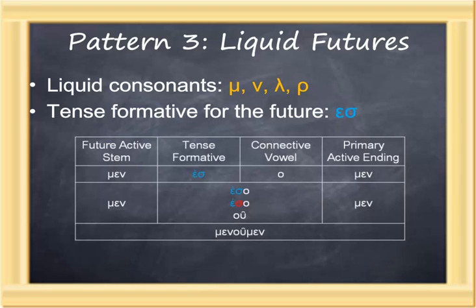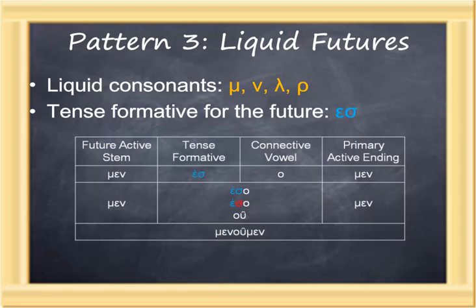But when that tense formative epsilon sigma is combined with the connecting vowel, as in our example here, epsilon sigma omicron, the sigma drops out and the remaining epsilon and omicron contract to the diphthong omicron upsilon.